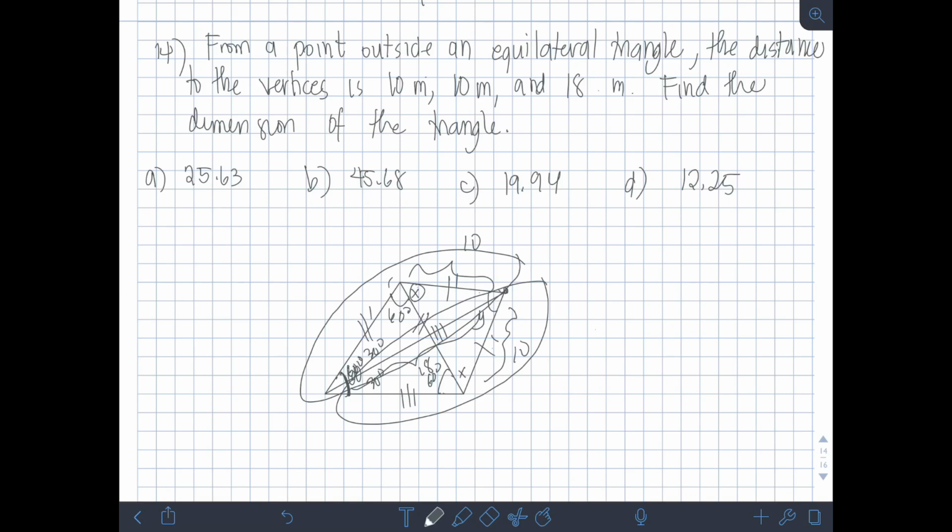How? So, itong 18 given, tapos yung opposite sa kanya ay itong angle na to, itong 60 plus x. So, let's say sine of 60 plus x equals itong given na length na 10 over yung angle opposite sa kanya, itong 30. So, sine 30.